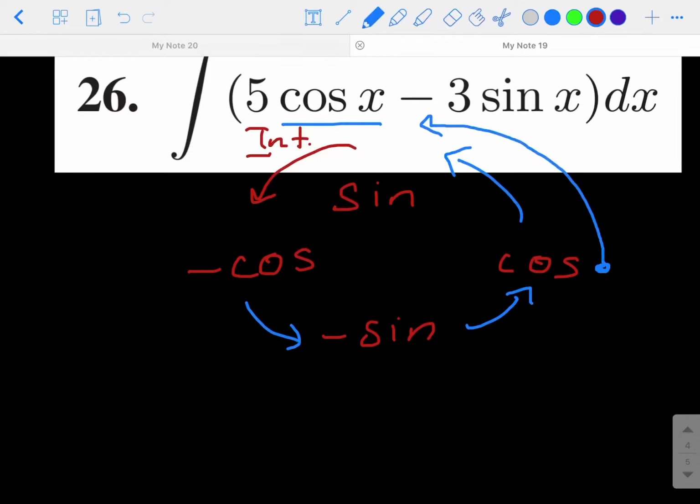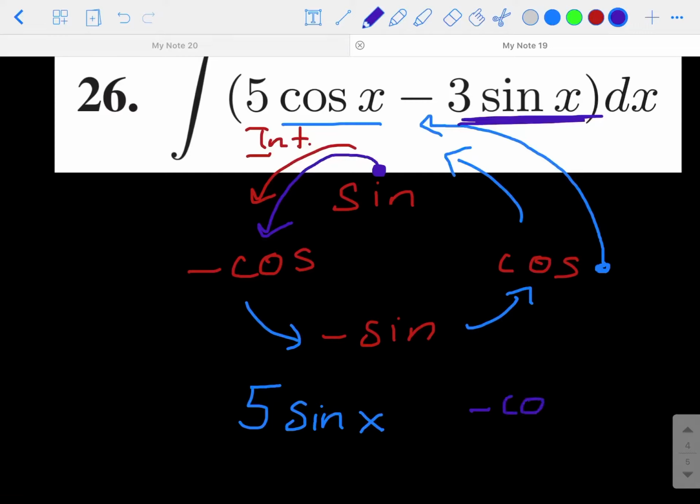So the integral of cos is sine of x, include a 5. For sine, I start at sine. And the integral of sine, I need to go 1 to the left. So this becomes negative cos of x.